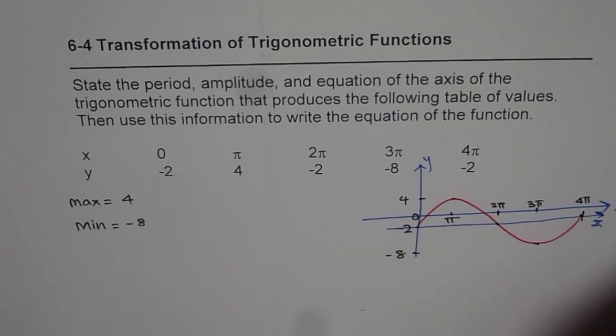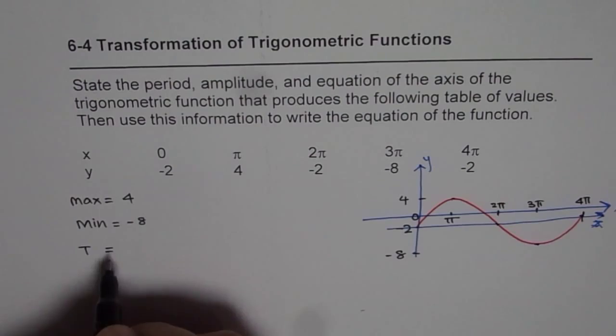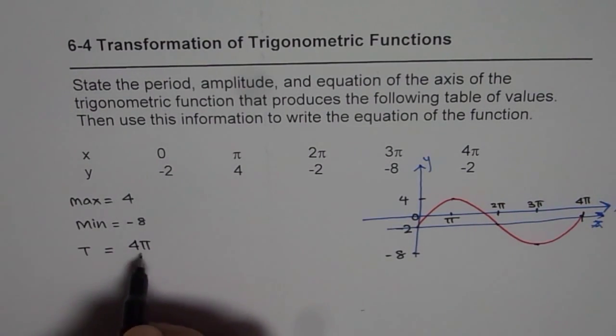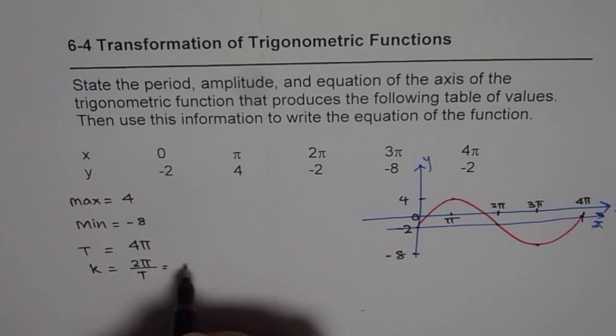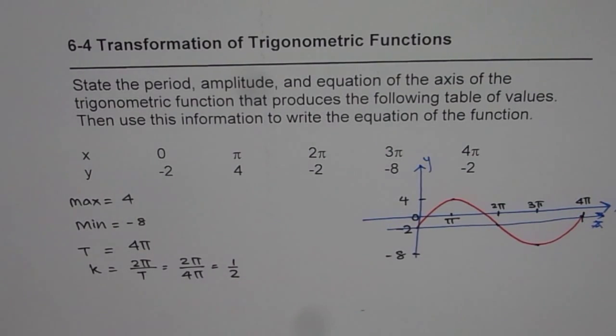After that it is going to repeat. Therefore the time period T is equal to 4 pi. Now if the period is 4 pi, k will be equal to 2 pi by T, which is 2 pi by 4 pi, or half. So k is half for us.